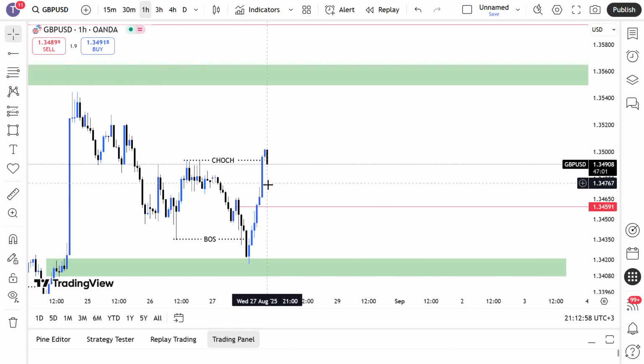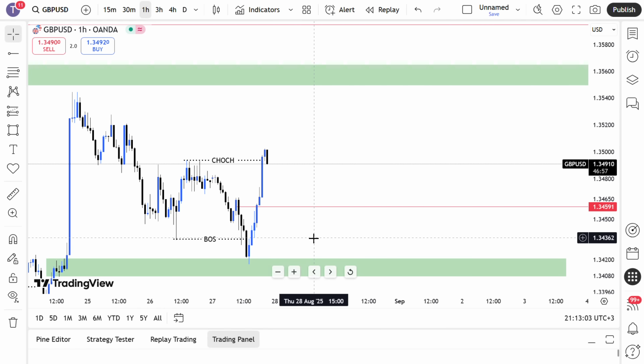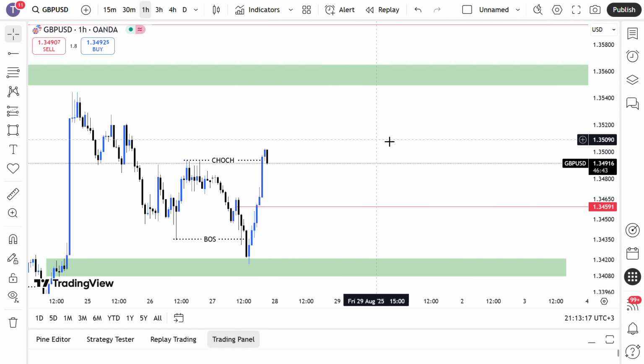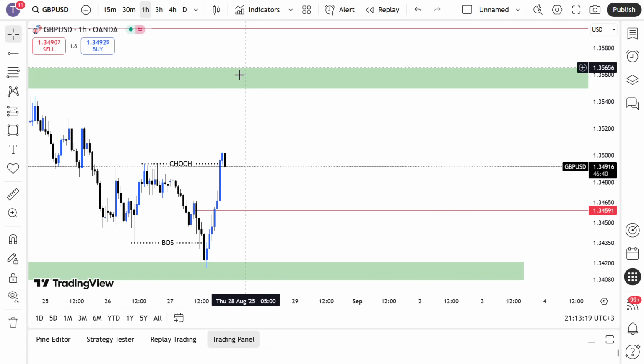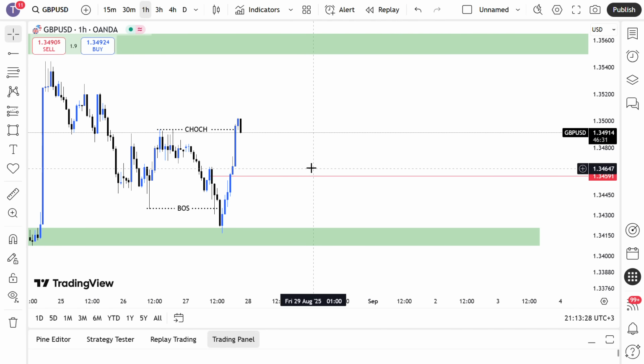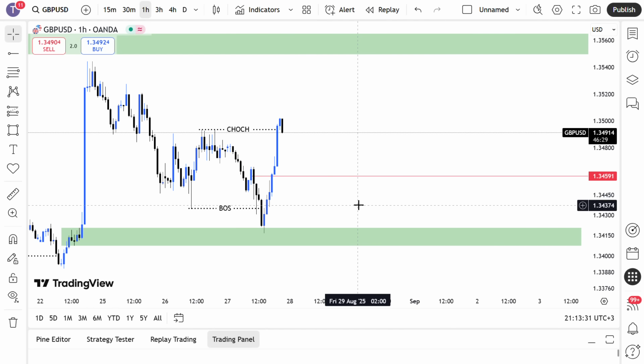But in case price does not pull back down here, and instead price goes back higher, this setup will be invalid because price would have already come into the areas where we expect some selling pressure. So in case the price comes back higher before going back down, we will be having this setup invalidated.